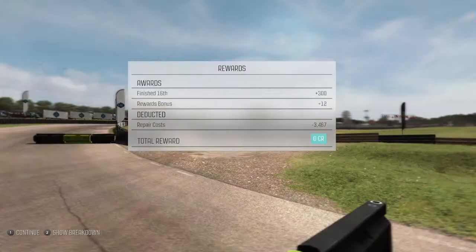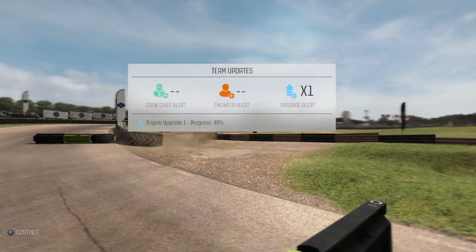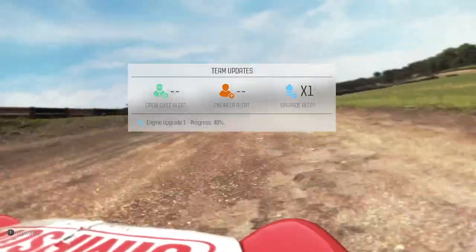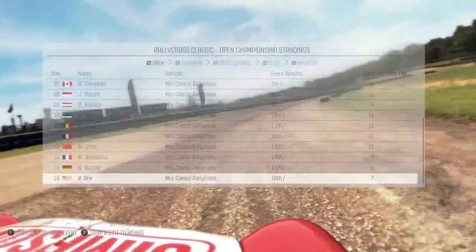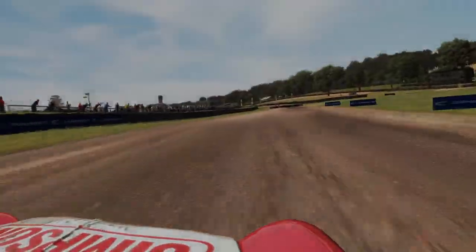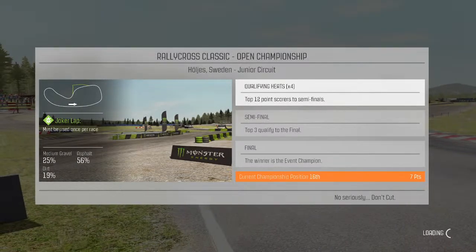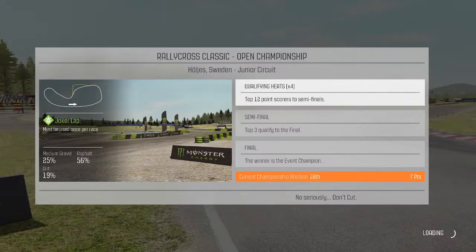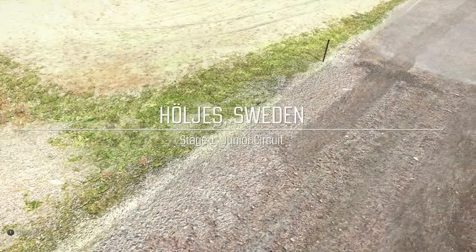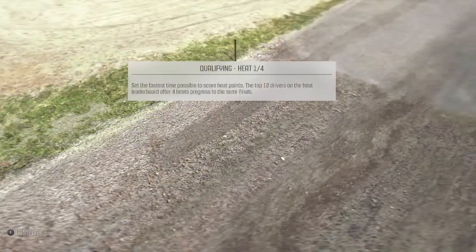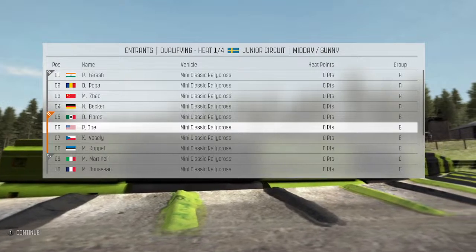Finish repair costs and minus. Oh, I gotta do this again.